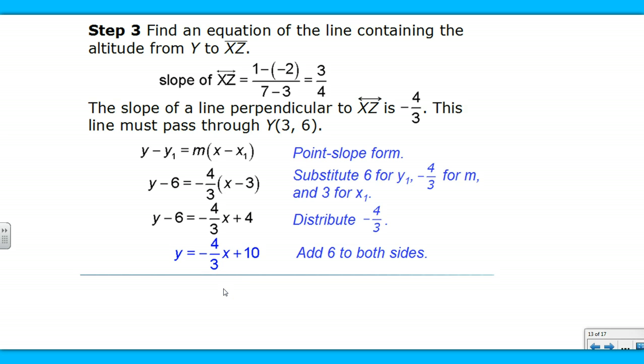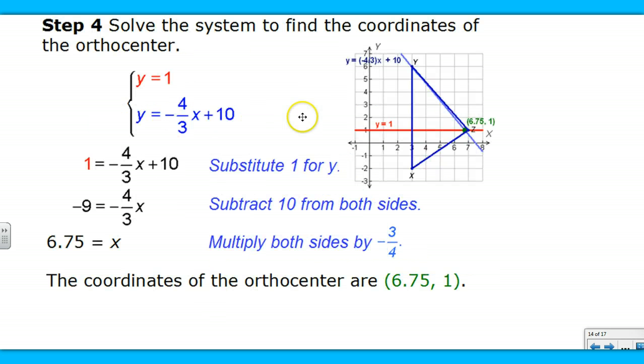And so this can be used now to graph that line, and we can locate here the coordinates of the orthocenter. So in this case, we are solving a system. What point can be found on both of these lines, right? So we're going to solve the system and see what point that is.